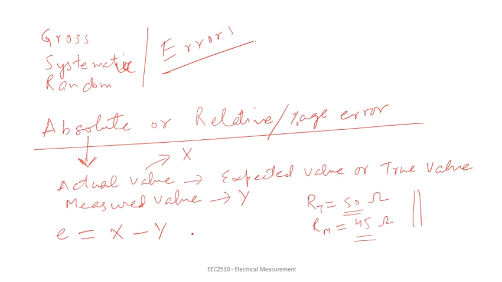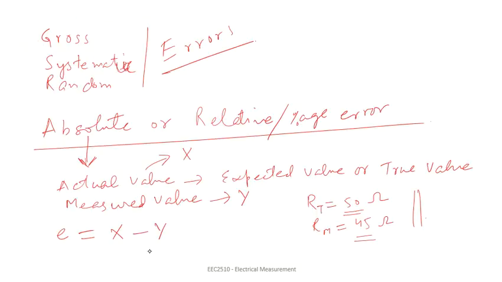You can also denote the error in the form of relative error. So the relative error will be nothing but the ratio of the absolute error.